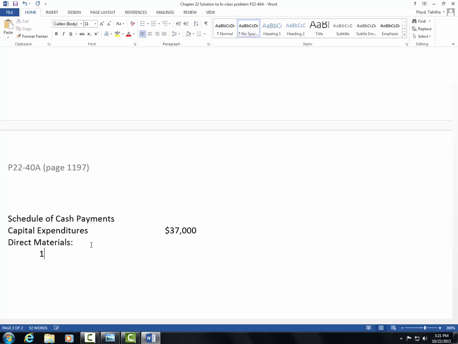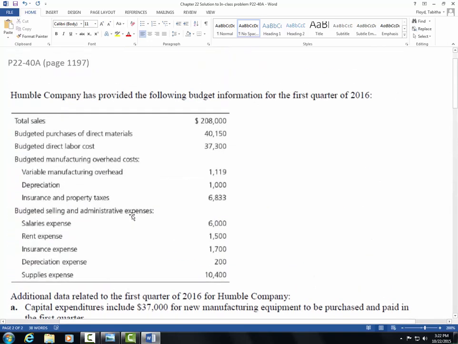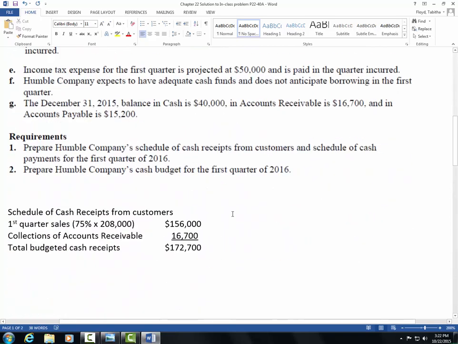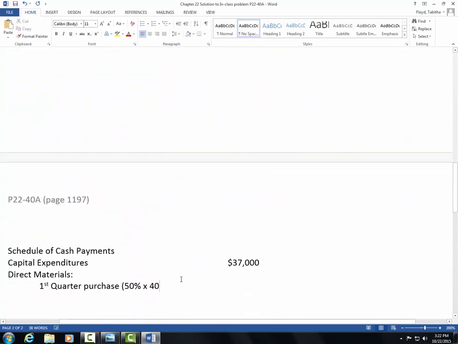You can say first quarter purchases, and we're only going to do 50% of the amount we're purchasing, because that's how much we're going to pay in cash. And that number was 40,000. Let's go back up here and look. 40,150. So half of that is 20,875.